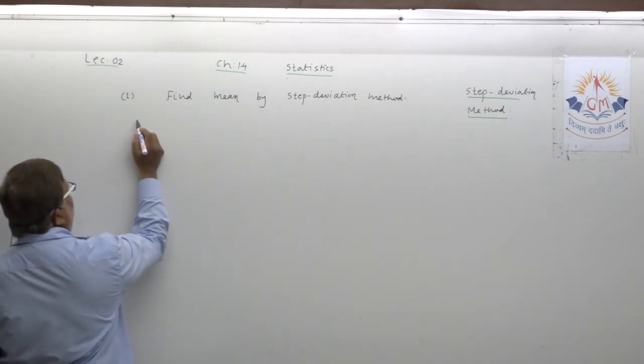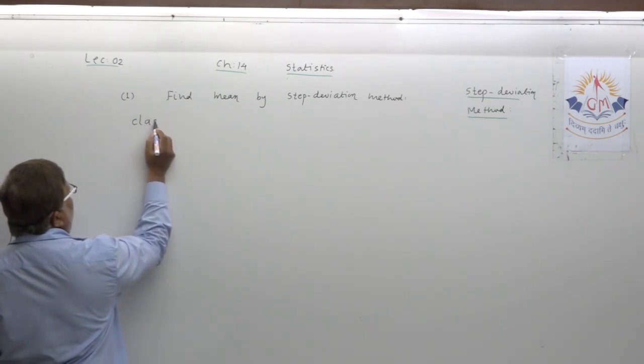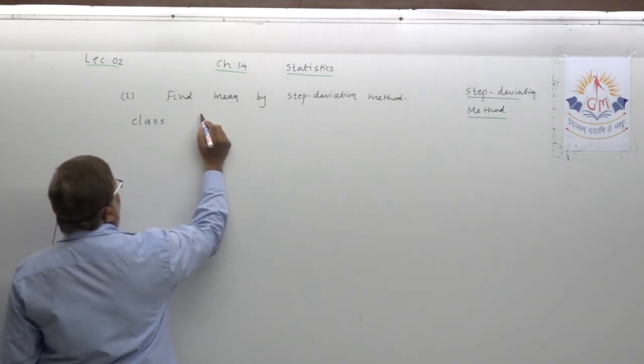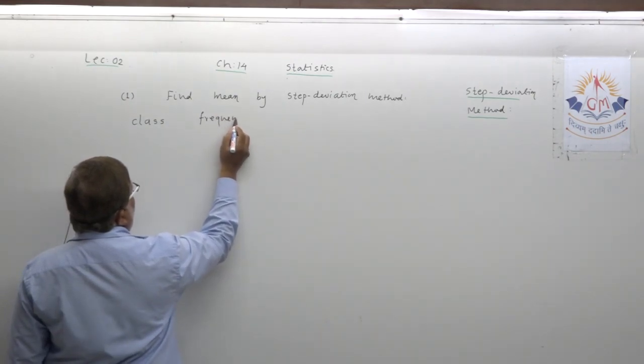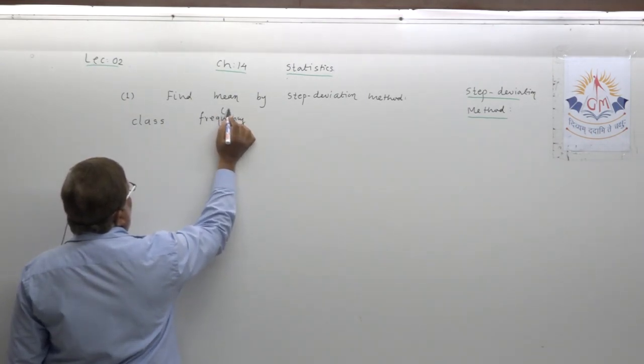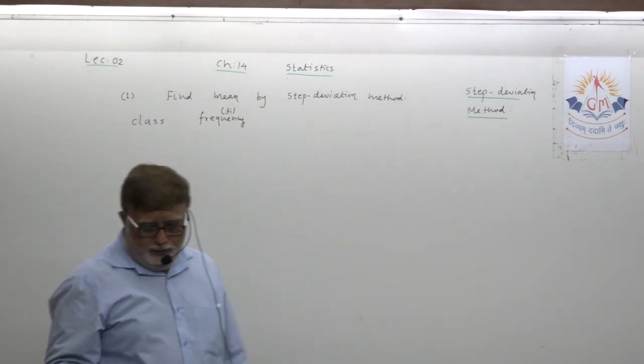Let me write class and frequency. As usual, you know, they are always given to you as primary data. Class is given, frequency is given.